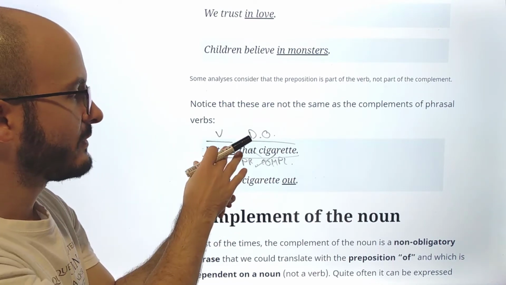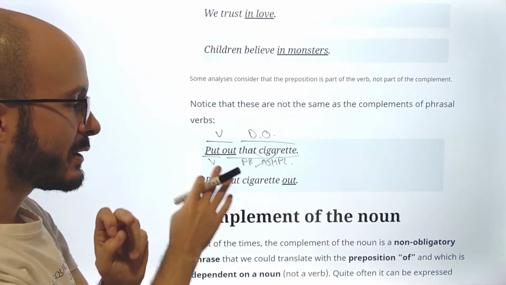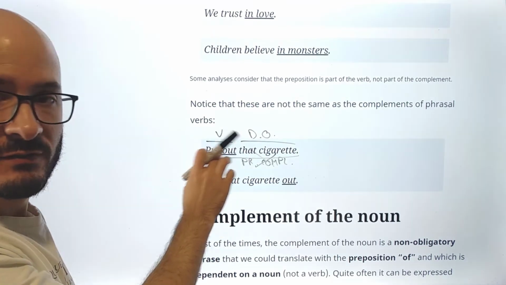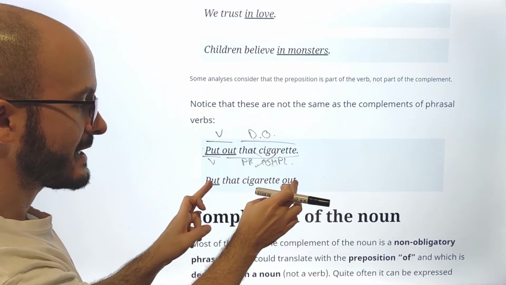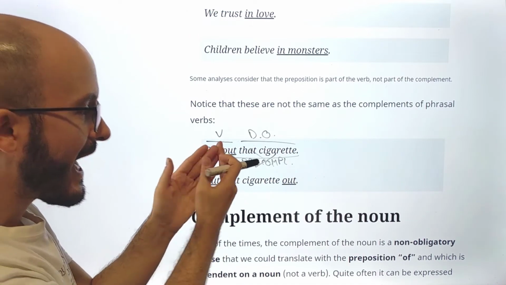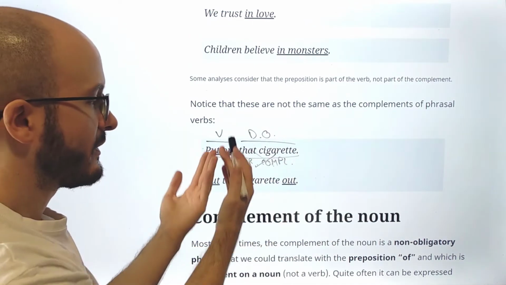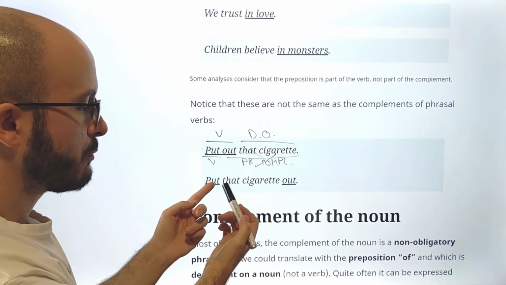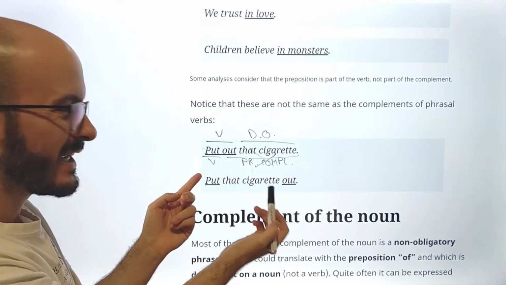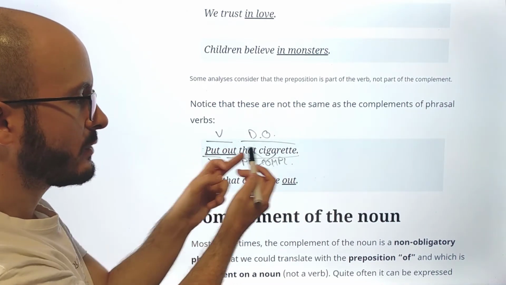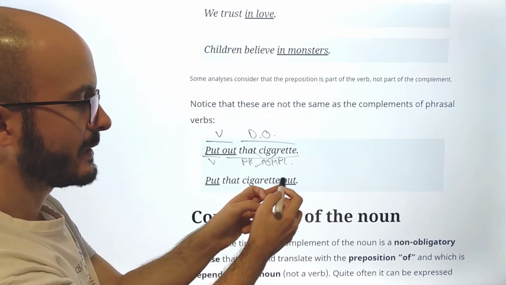Why is this a phrasal verb and this is not? Because phrasal verbs are verbs such as this, where you can actually separate the verb from the preposition. So: put that cigarette out. We can say both: put out that cigarette or put that cigarette out.